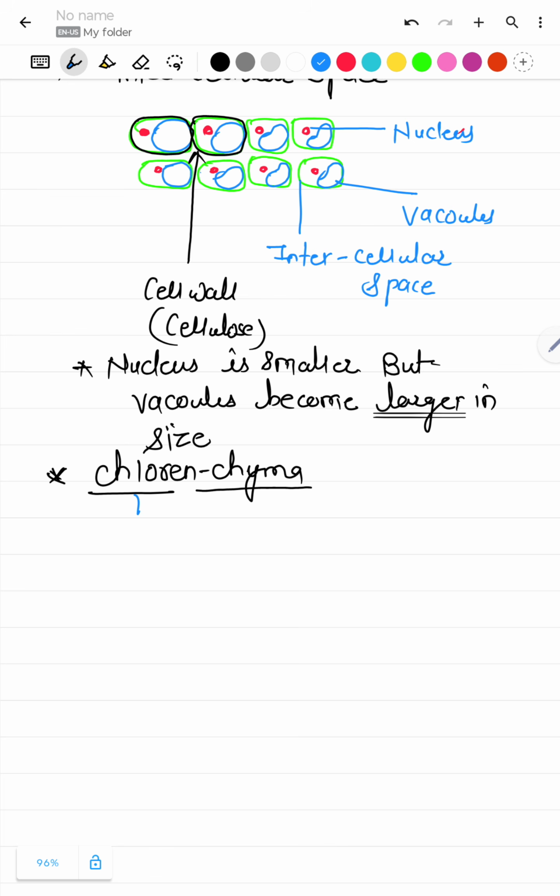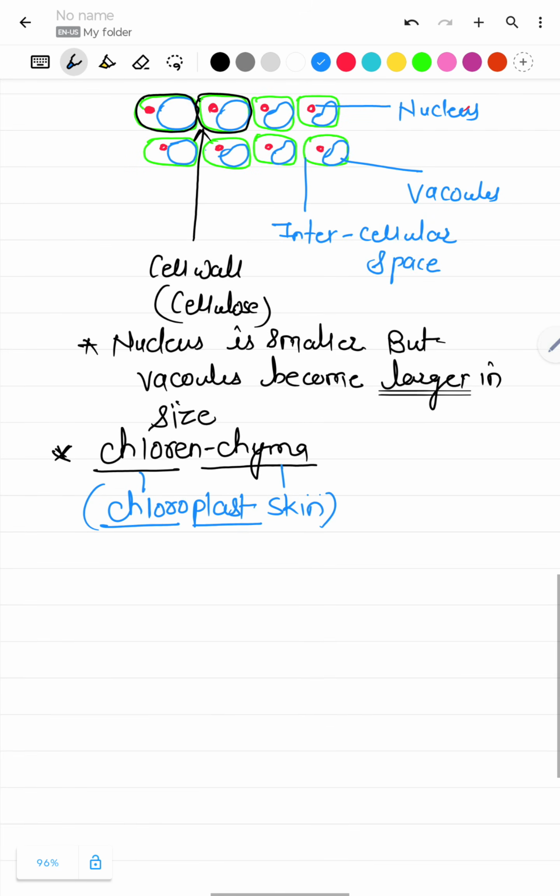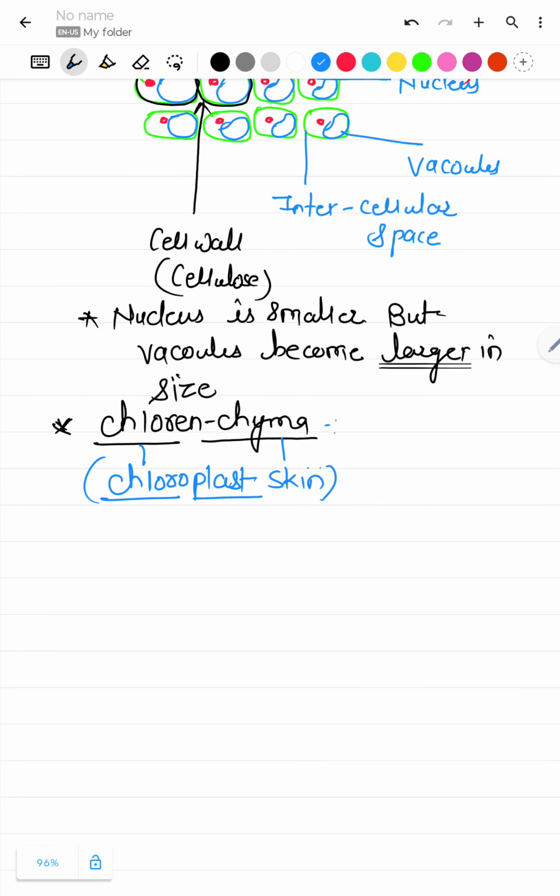Chloro means chloroplast, and chyma means skin. The tissue which contains an excess amount of chloroplast is the chlorenchyma tissue. So the chlorenchyma tissue contains the green pigment.